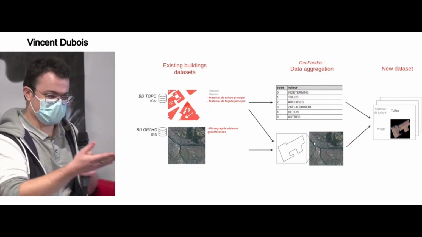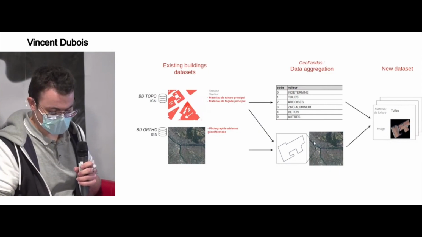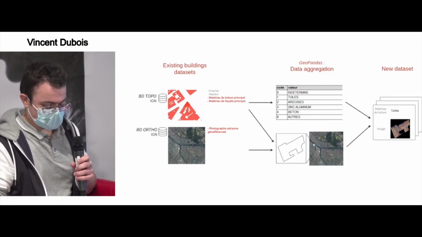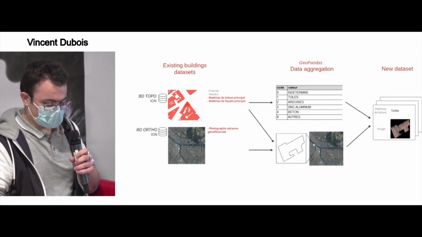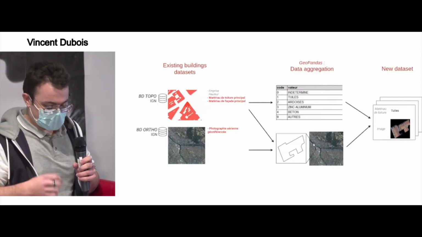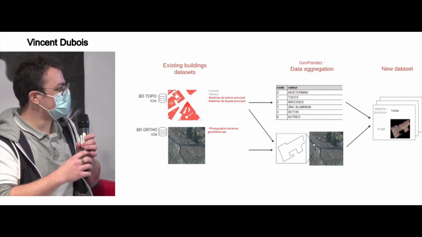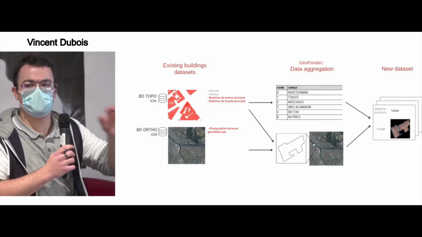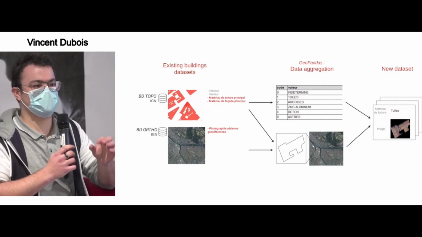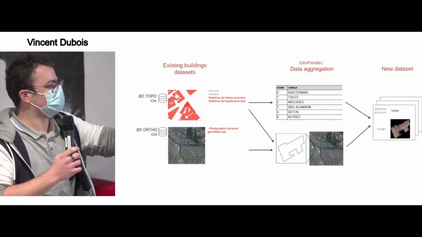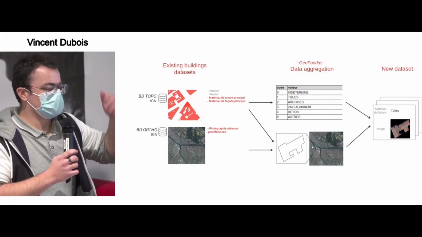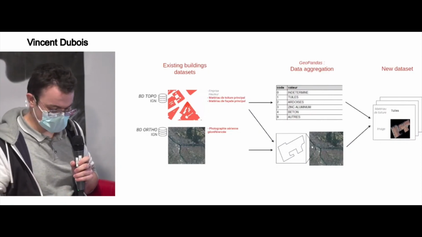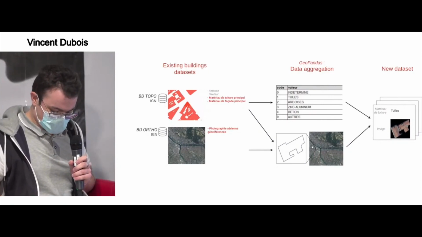Fortunately, GeoPandas, the same library as we saw earlier, made me able to aggregate those data together, and I was able to use the polygon contained in the first data set to extract the aerial image of the particular building from the second one, to build a whole new data set that could be used to build the model.